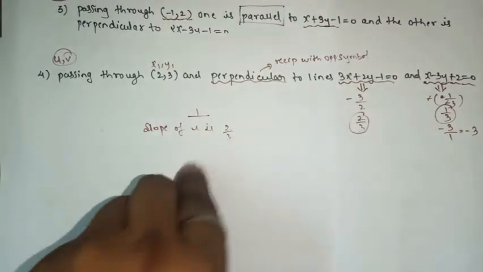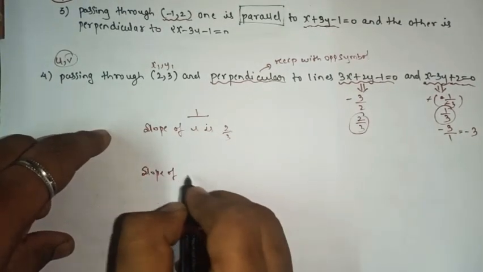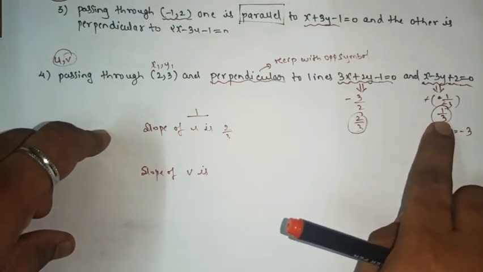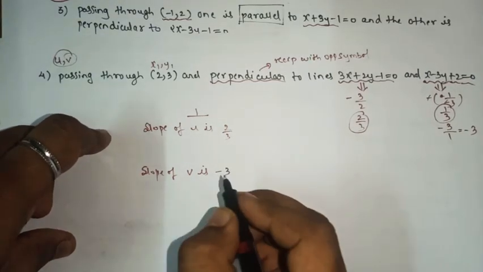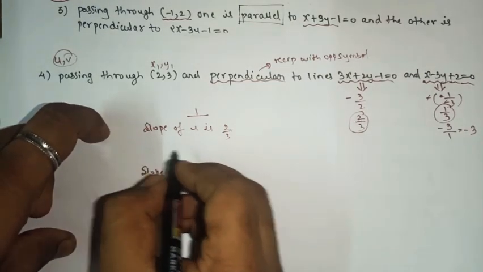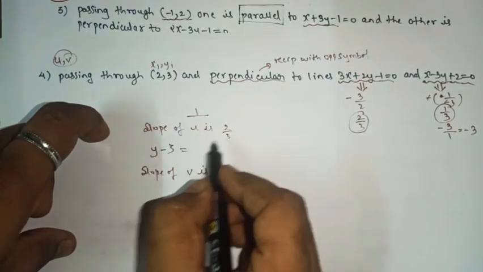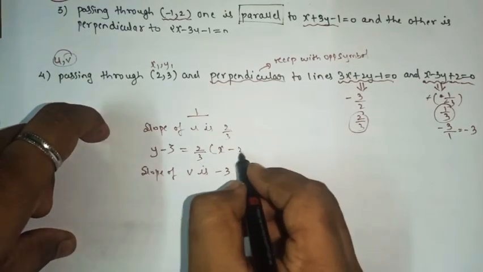Perpendicular to this line, so the slope will be 2 by 3. And the slope of v: as v is perpendicular to this line, the slope will be 1 by 3, but we know that v is perpendicular, so the answer will be minus 3. Okay, we'll apply the formula, that is y minus y1, which is 3, equal to m times (x minus x1).